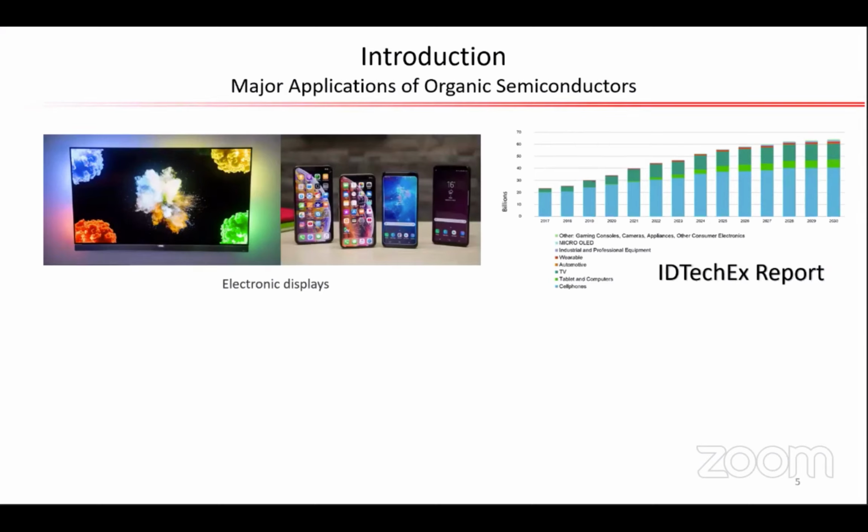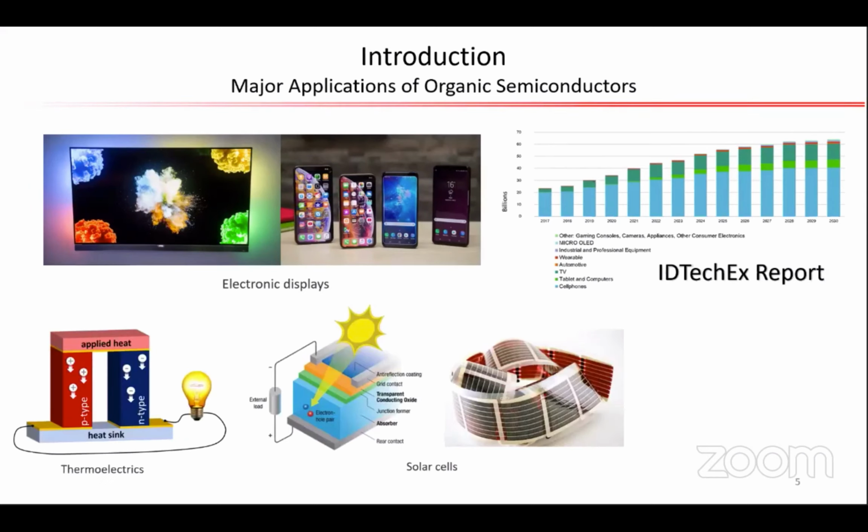And according to this IDTechEx report, by 2030, the organic semiconductors will have around a $65 billion market across the world. The other major applications of these materials are basically in thermoelectrics and organic solar cells. These are still under development.